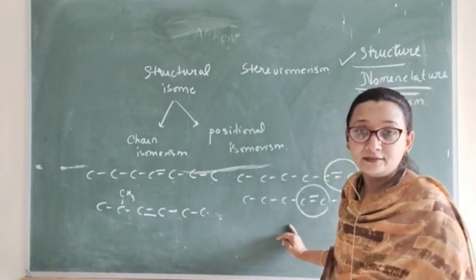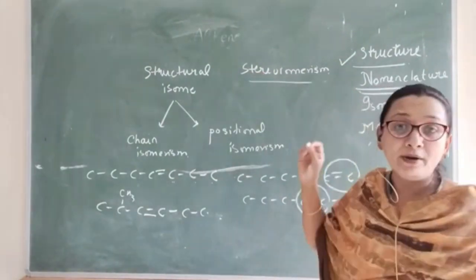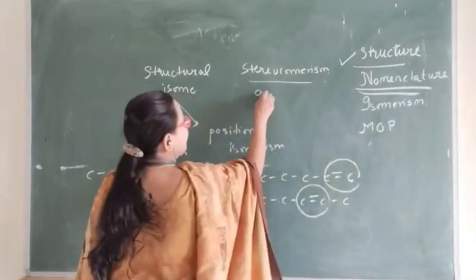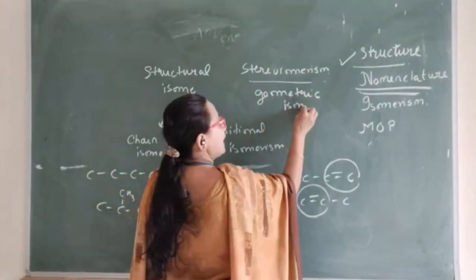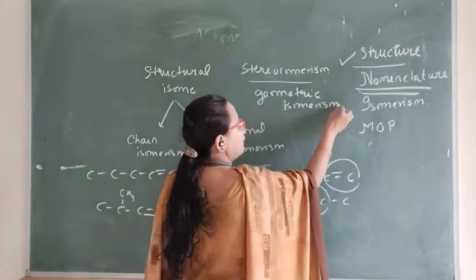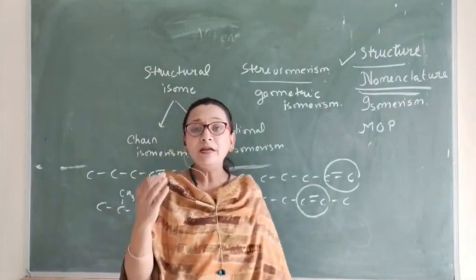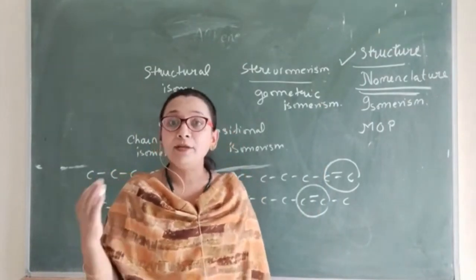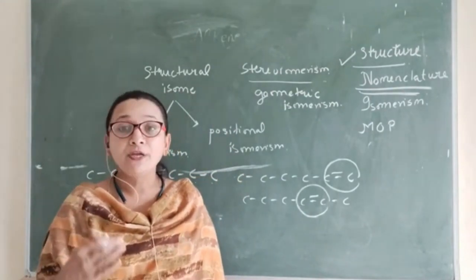And the last and most important isomerism of alkenes is the geometric isomerism. My dear students, I have published a video on geometric isomerism with all the details. Right now you are in first year B Pharm and you will see more details about these isomerisms in future.